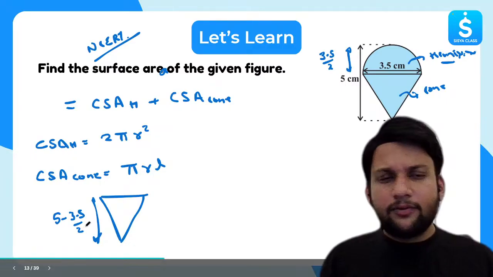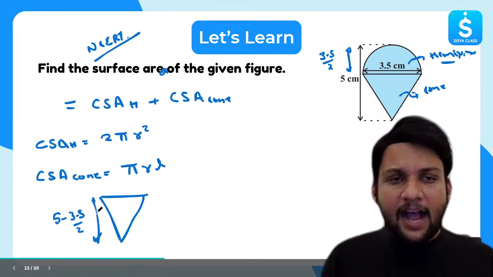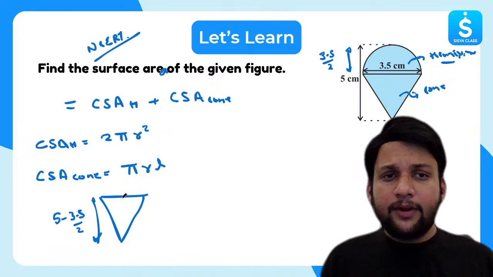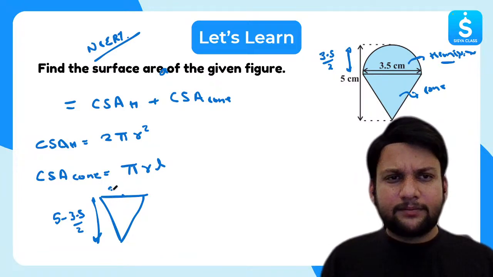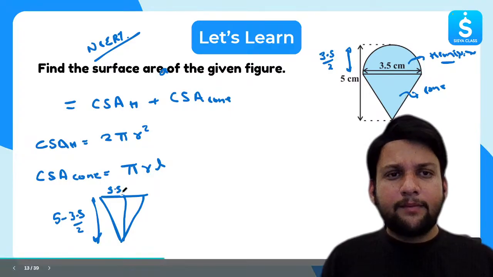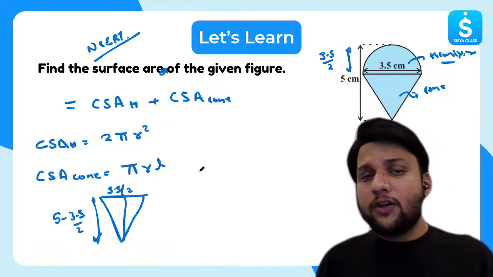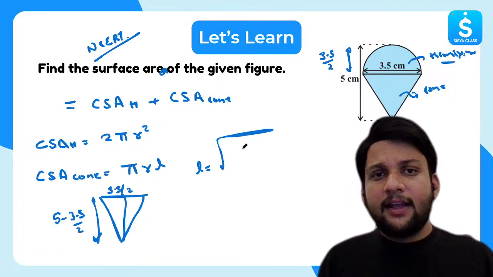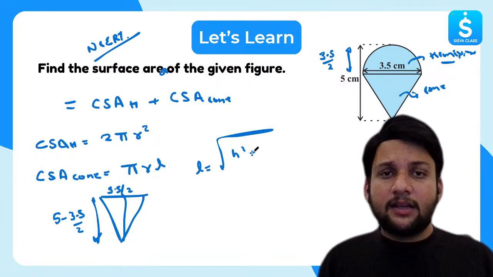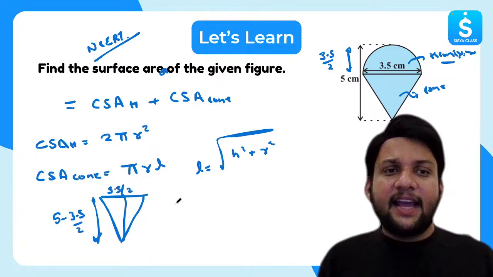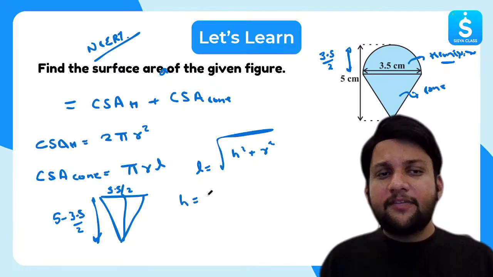We will do the calculations in a while. And what is radius? Radius I know is 3.5 by 2. So if I know radius, L is given by square root of h square plus r square. H I have found, 5 minus 3.5 by 2.